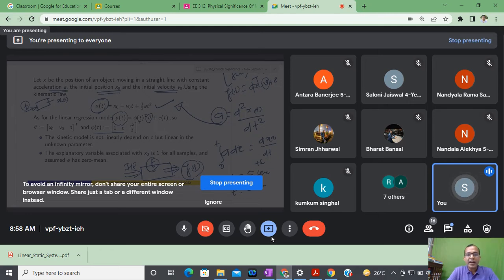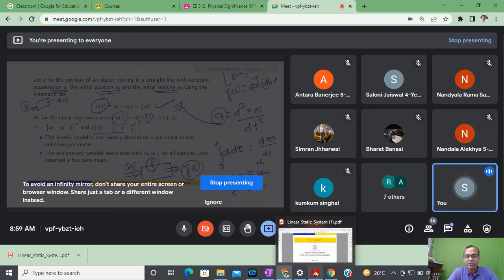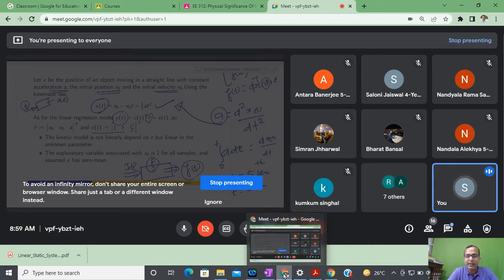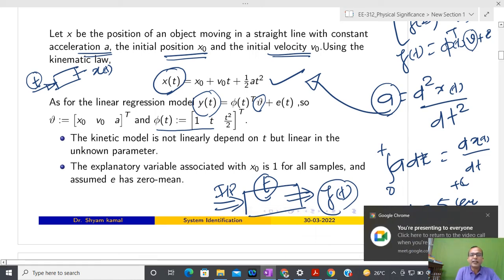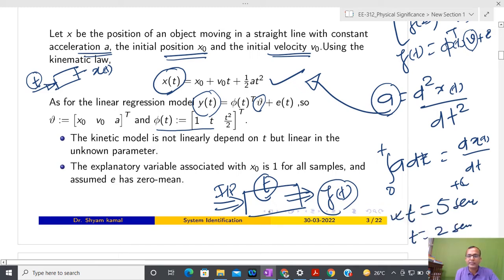Now, using this expression I can define the problem of linear regression, in the next slide. So the same things I have written here. If you see carefully, this is a kinetic model, force is not involved here, I am just assuming that I have some object moving with constant acceleration.